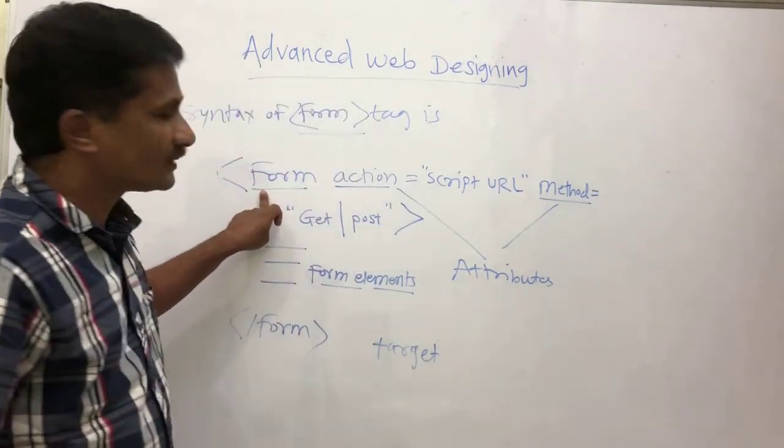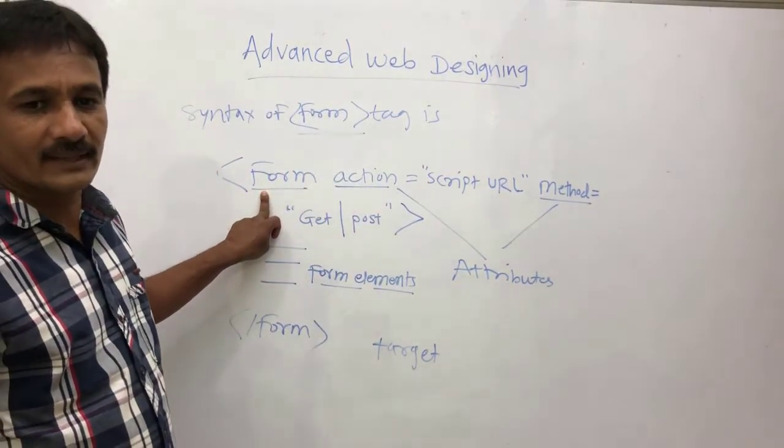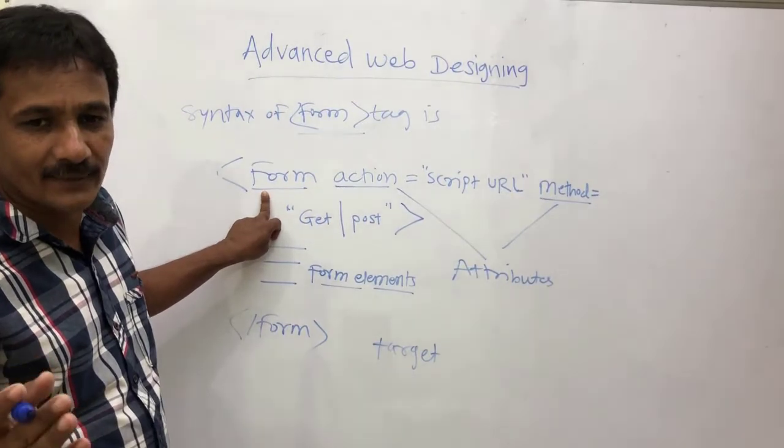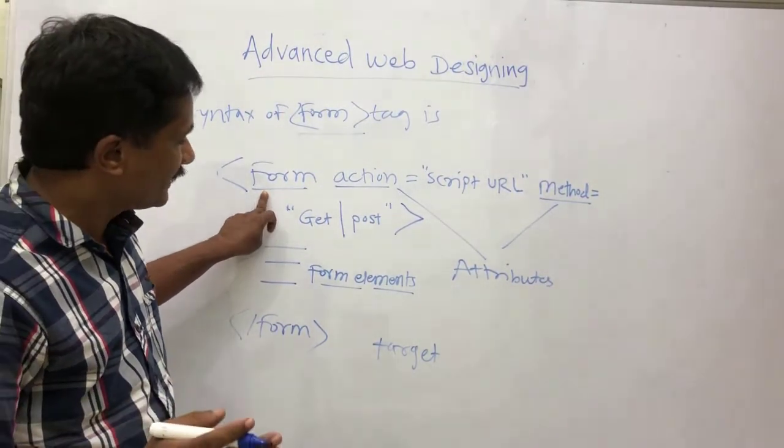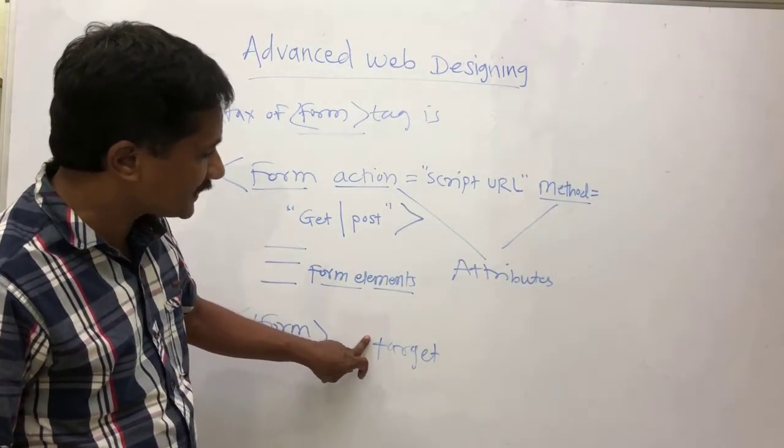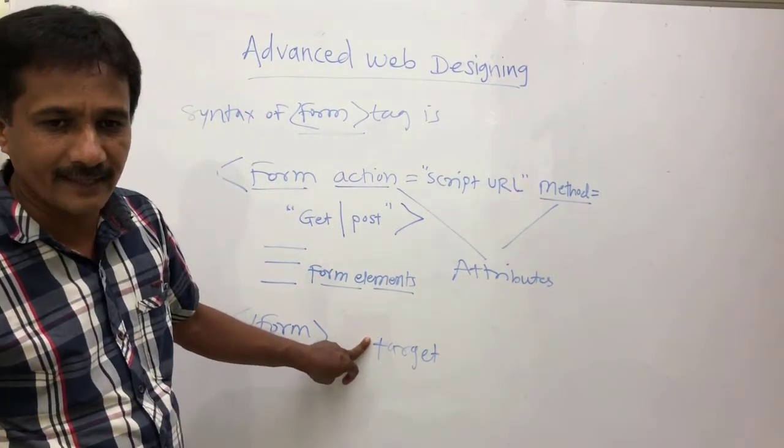Target is an attribute of the form tag. Its meaning is to specify the target window or frame where the result of the script will be displayed. In this situation, you can use the target attribute.